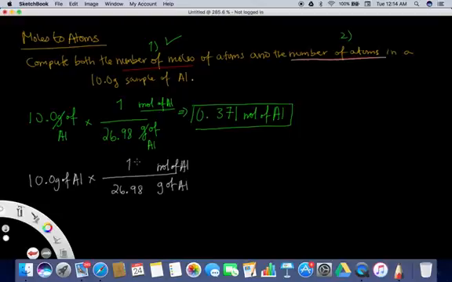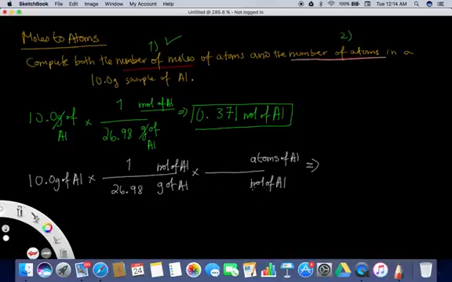Keep in mind, we want to get the number of atoms in a 10-gram sample of aluminum, so we don't want moles anymore. We want moles to cancel out, so we put moles in the denominator, and we want to get into atoms, so let's put atoms of aluminum.